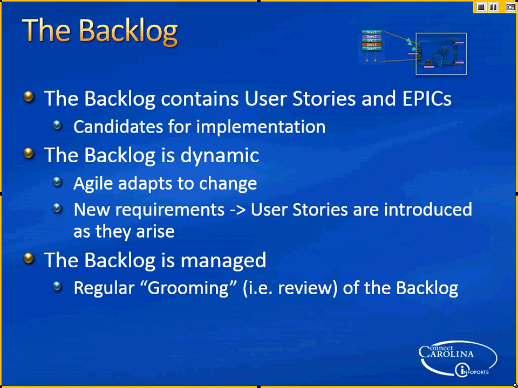So it is dynamic and it will change. It is managed through a couple of methods, but the one we talked about today is grooming, the regular review of that backlog with the team and the product owner, and perhaps some executives participating in the grooming process.